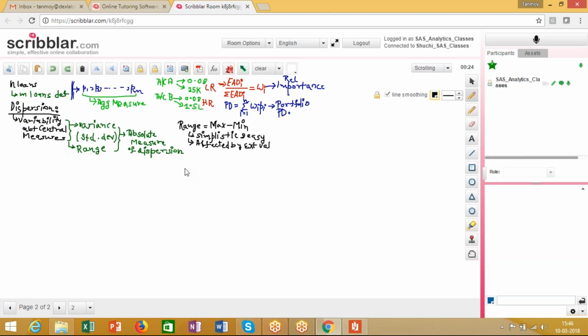Now, apart from the fact that range is affected by extreme values, another limitation is that it is not very representative because it takes into account only the maximum and minimum values.